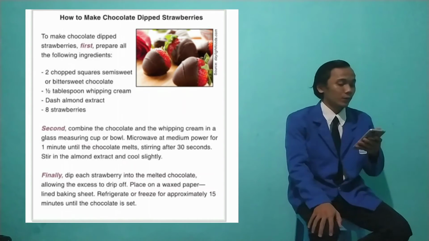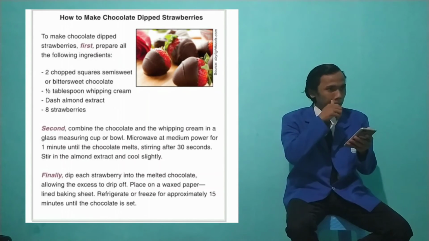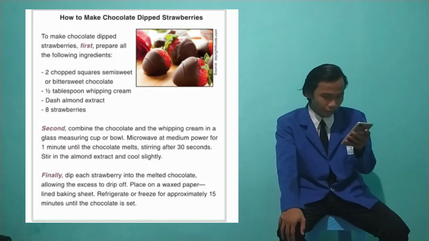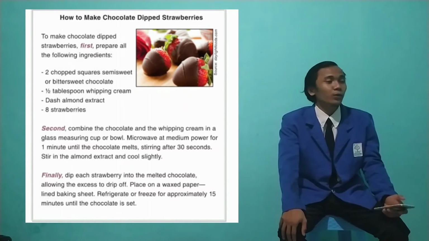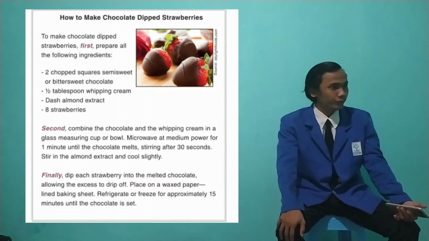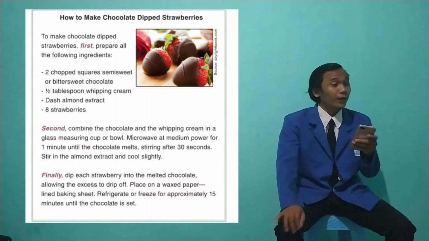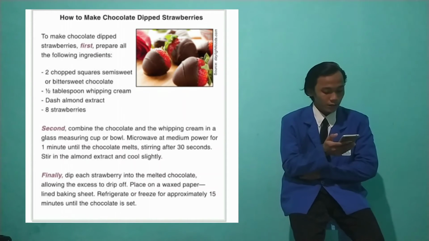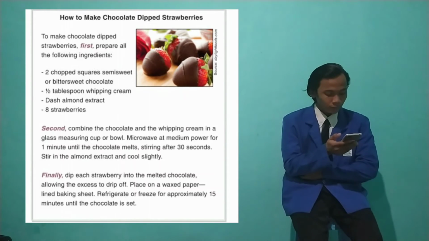Okay, thank you, Fadil. And next, Sultani, please mention the steps how to make the chocolate dipped strawberries. Second, combine the chocolate and the whipping cream in a glass measuring cup or bowl.